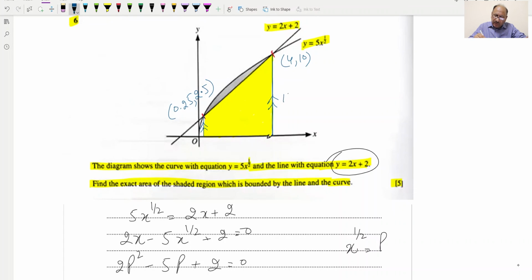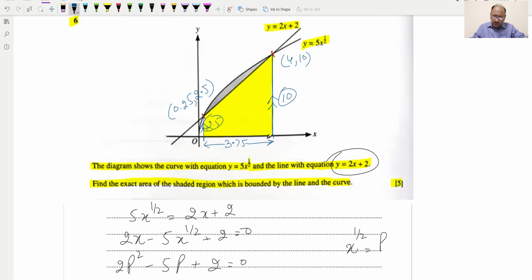The y value will be 10, so this side is 10 and this side is 2.5. And the height will be this one, which is 4 minus 0.25, that will be 3.75, so this will be the height.